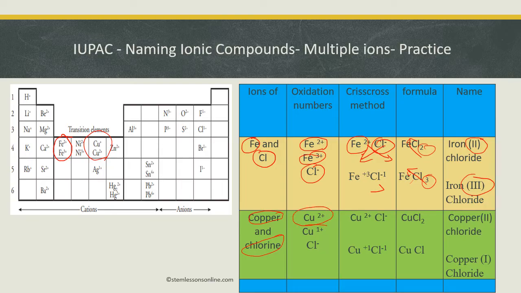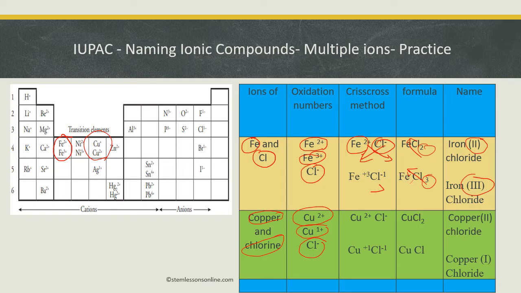The question will indicate whether it is 1 plus or 2 plus, and what the charge of that transition metal is. This is chemistry language, right? If you know the language, it's always easy for you to communicate.